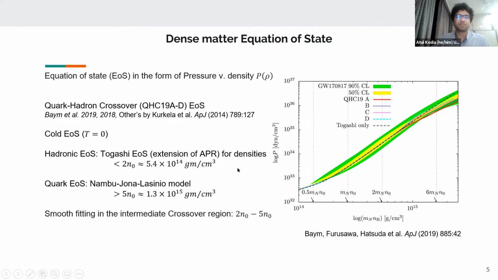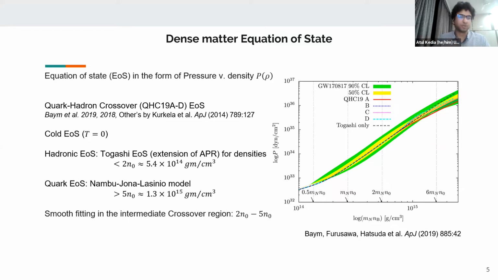For densities above 5 times nuclear saturation density, where it's assumed that all the matter has transformed into free quark matter, the equation of state is calculated under the Nambu-Jona-Lasinio model, where the quarks are taken into account in 3 light flavors, the gluon degrees of freedom are primarily suppressed, and there are some degrees of freedom due to the coupling constants between the quarks.